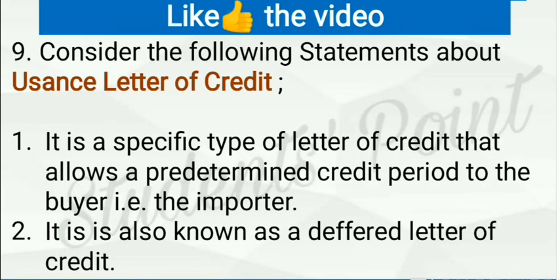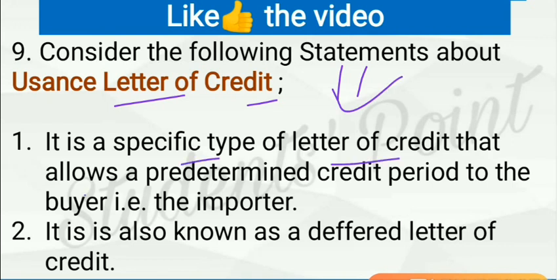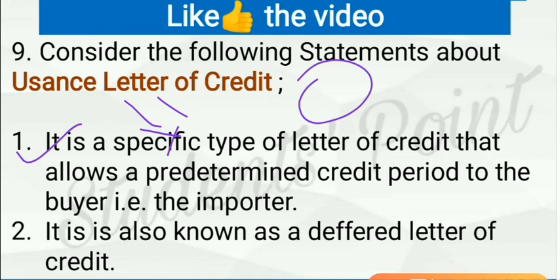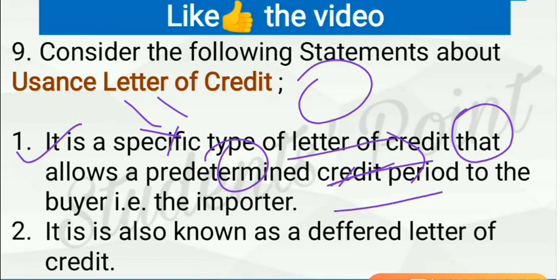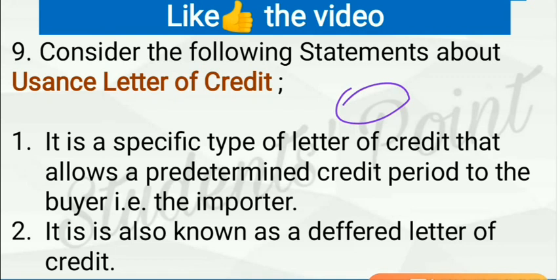Next question. Consider the following statements about usance letter of credit. Focus here, this is very important again. It is a specific type of letter of credit that allows a predetermined credit period to the buyer, i.e. the importer. This is correct. See, under this, a letter of credit is issued to a company which has bought some goods from a supplier, and the goods are transported and supplied to the company, but a letter is also provided with a predetermined date, let's say 2 months.